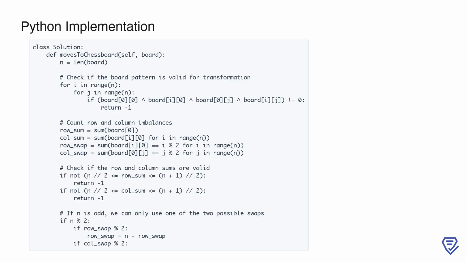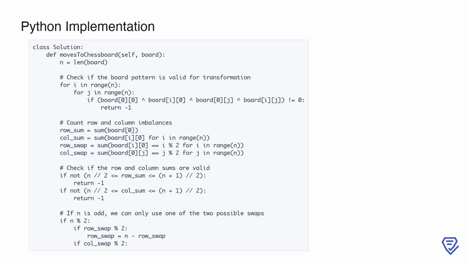Next, we calculate the imbalances in the rows and columns. First, we compute row_sum and col_sum, which count the number of ones in the first row and first column, respectively. These sums help us determine if the board has the correct number of ones and zeros for a valid transformation. We also calculate row_swap and col_swap, which measure how many rows and columns deviate from the desired alternating pattern.